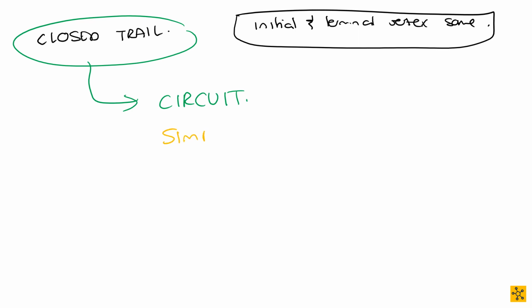Now, a simple circuit takes it one step further. In a trail, you have no repeated edges. So a simple circuit is a situation where you have no repeated edges and no repeated vertices. In other words, it is a closed path.